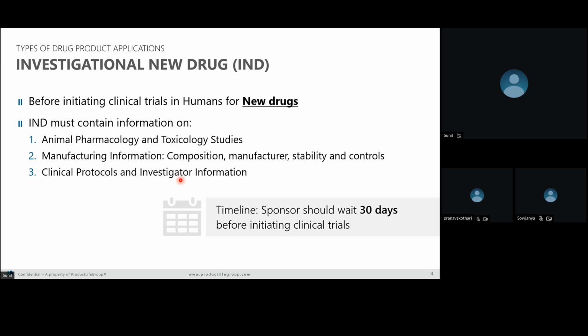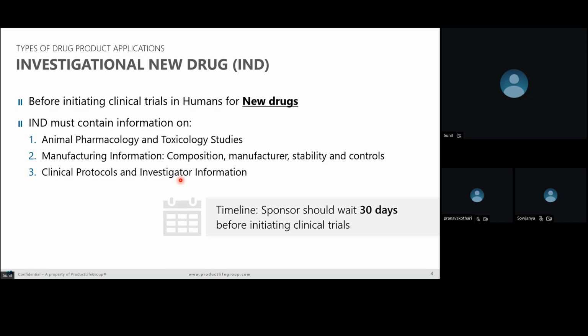Now let me tell you the basic purpose of the IND application. Whenever a new drug is innovated, if it is directly given to the patients in clinical trials, there are chances of safety concerns. There may be some risks involved. So to start clinical trials, we need to first take approval of the authority. We cannot just start clinical trials, because you are putting human beings at risk with clinical trials.